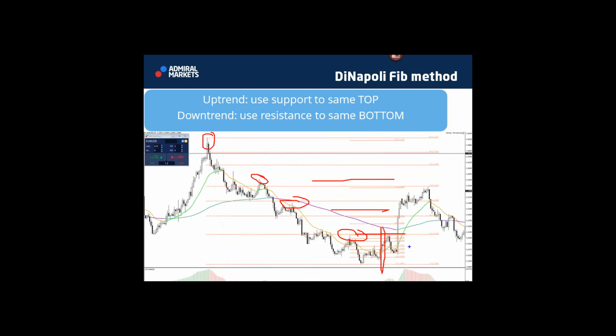But as soon as the first 61.8 fib gets broken, here, this is the 61.8 of the first swing high, swing low, in that case, when price breaks through that level, it's already a first warning sign that this swing high, swing low is going to be broken, as it did here. It breaks basically when it breaks the top, of course, but when breaking through the 61.8, it's already a first warning sign.